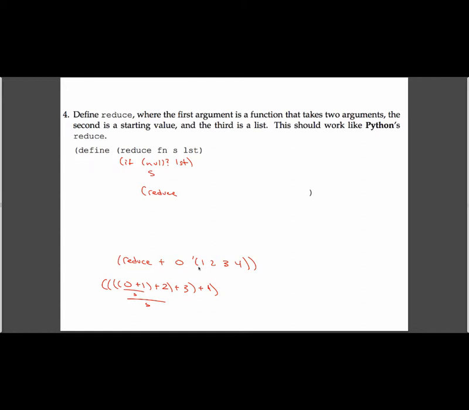And how do we do it here? Well, we started with our starting value, and we applied our function to our starting value and the first element of our list. And then in our recursion, we replaced our starting value with the next thing we were using. So we were keeping track of our running total inside of this S variable.